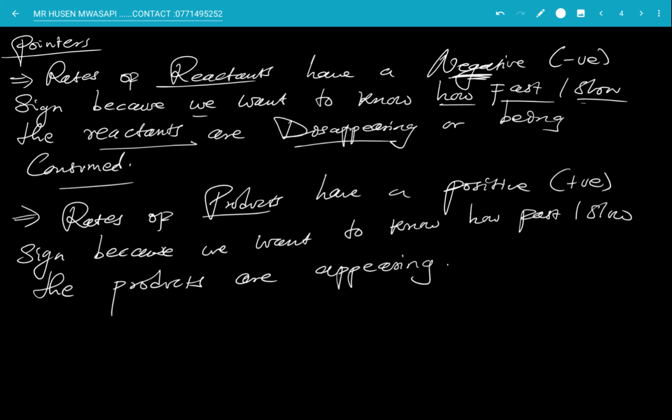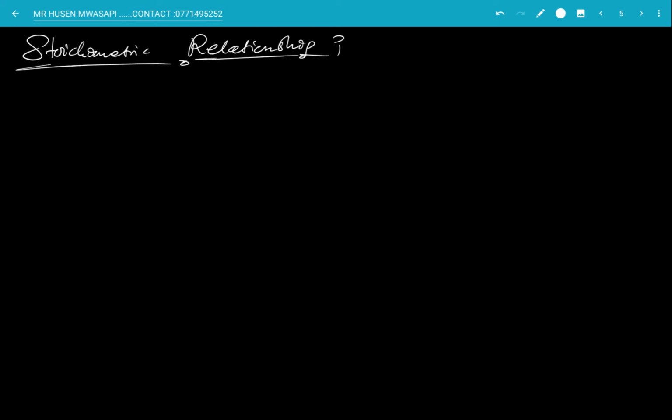Now the rate of the products have a positive sign because we want to know how fast or slow the products are appearing. Don't forget this. It's quite an important point. Okay? Now remember this, the reactants will always be negative and the products will always be what? Positive. Wonderful.